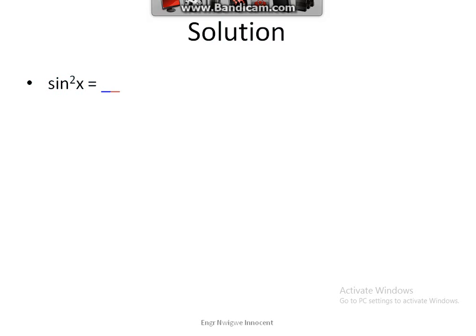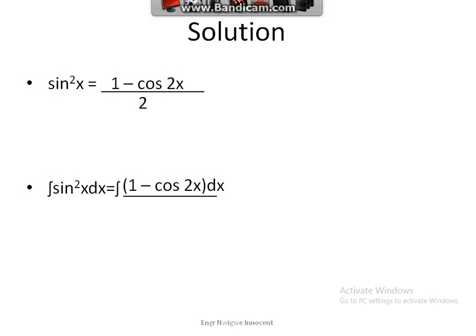According to the law of trigonometry, sine squared s is equal to 1 minus cos 2s over 2. Therefore, we are asked to integrate sine squared s ds, which, if you substitute sine squared s, is the integral of 1 minus cos 2s over 2 ds.